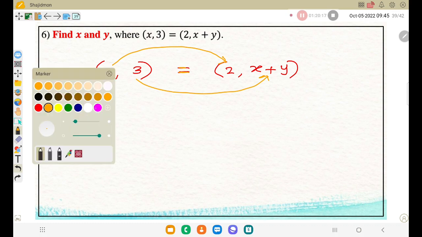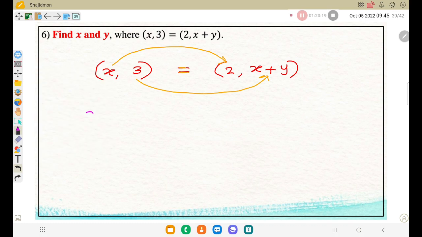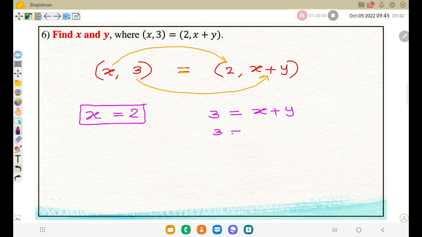Okay. Now what is the first number? x. What is the first number there? 2. So what is the first answer? x equal to 2. Now second one: 3 equal x plus y. That means 3 equals 2 plus y.